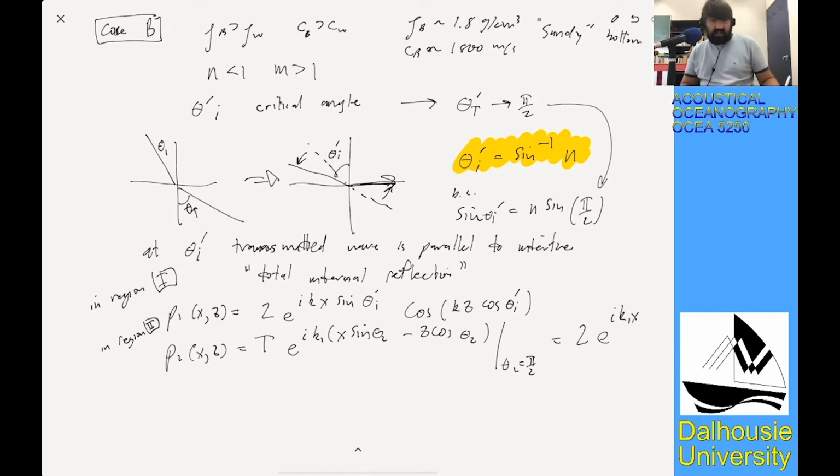So really we have an interface wave traveling along the boundary. Sometimes it's called the refracted arrival. Interface wave. Why would you call it the refracted arrival?